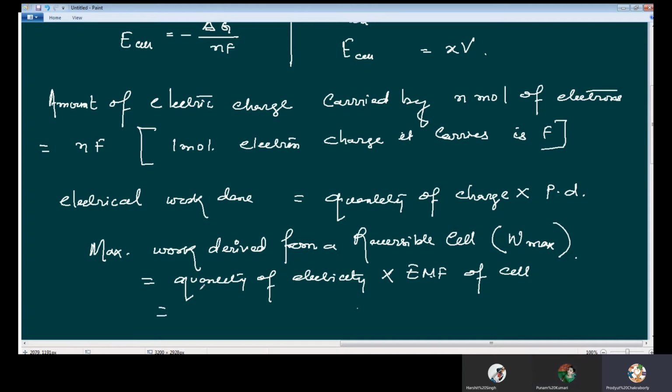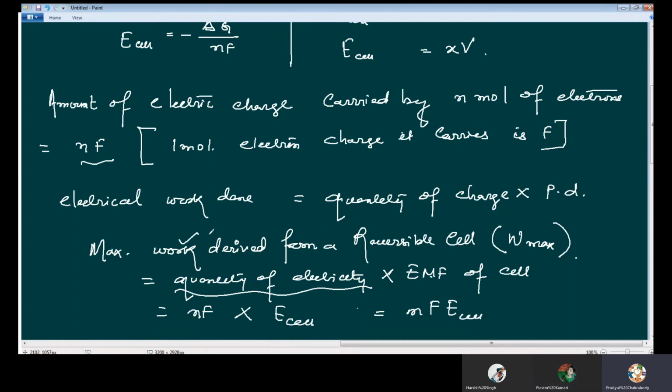The quantity of electricity is nF, so nF times the EMF of the cell, which is nFE cell.